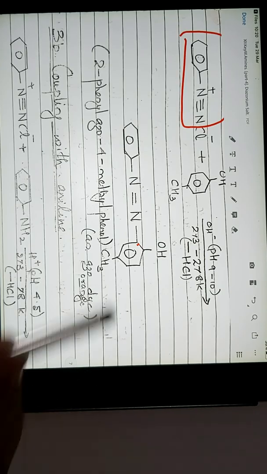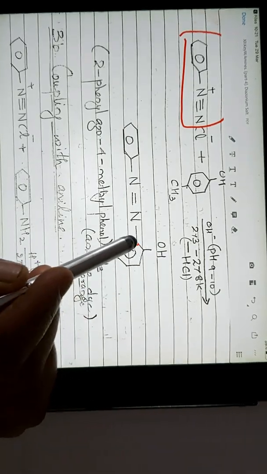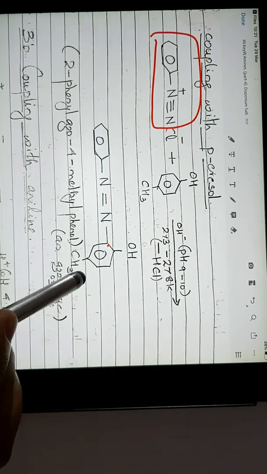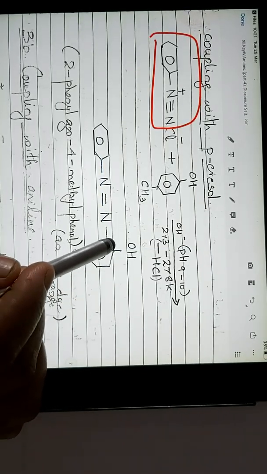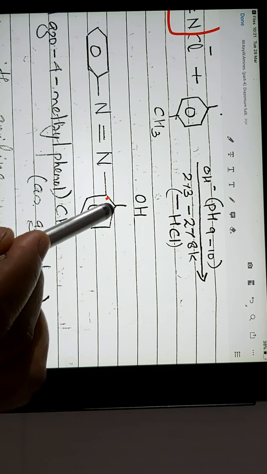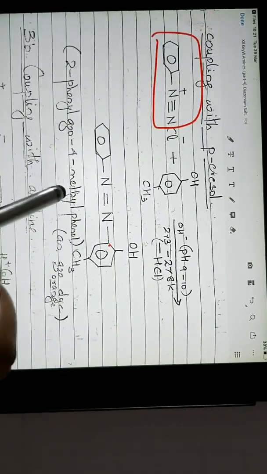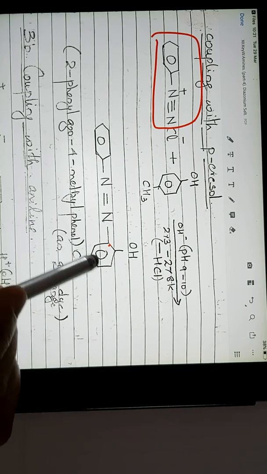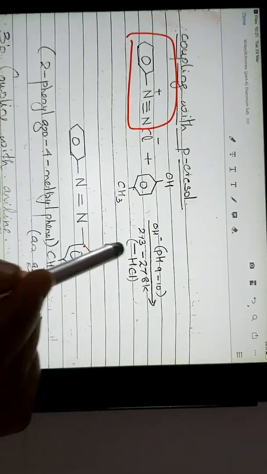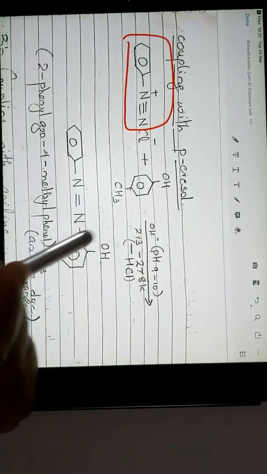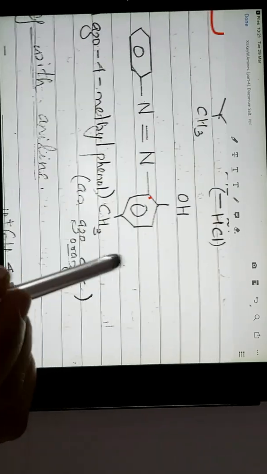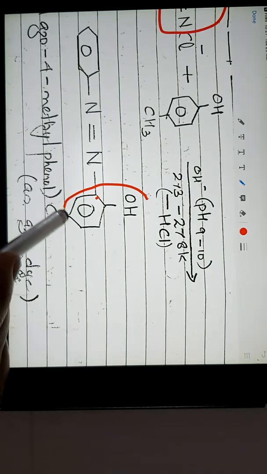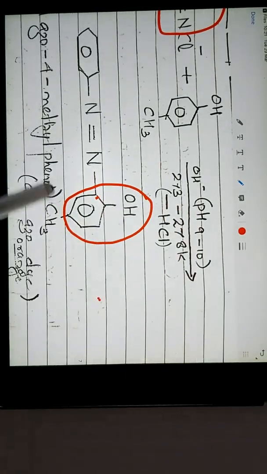Here you can see the phenol unit has an azo part at the second position, and at the fourth position there is a methyl group, right? So this phenol is taken as the root compound.